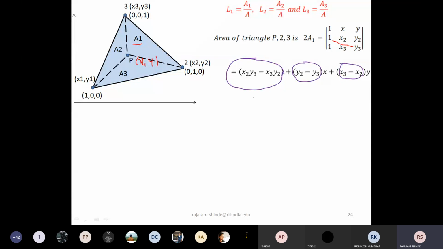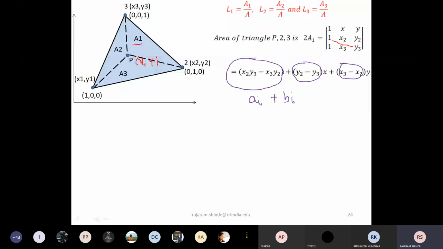What is it? A1 or Ai. Do you agree with this? Have you got it? Yes, sir. And this second one is bi X. Am I right?